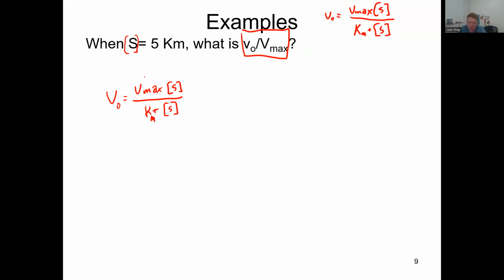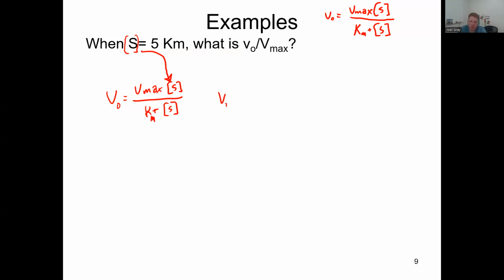What we need to do is get Vmax into the numerator. How are we going to do that? Well, before we get to that, that's our objective. What this also tells us is that our substrate concentration is 5 times our Km. So what I'm going to do is substitute that 5 Km for our substrate concentration.